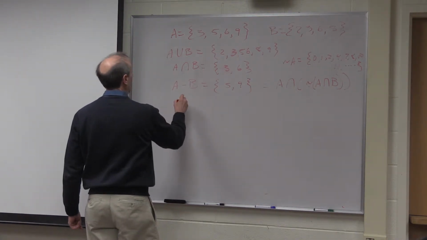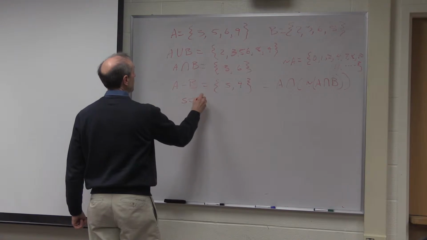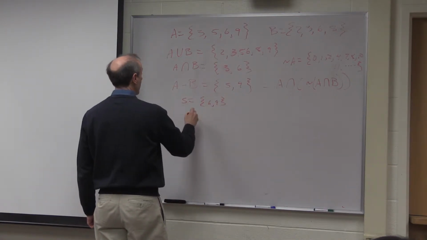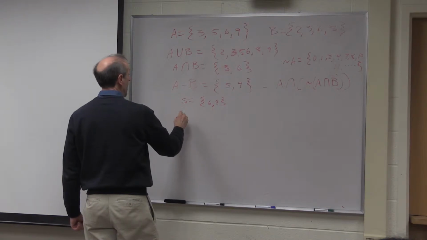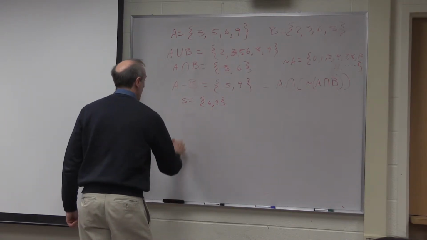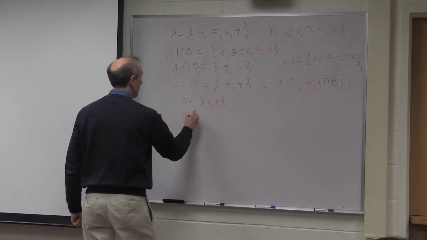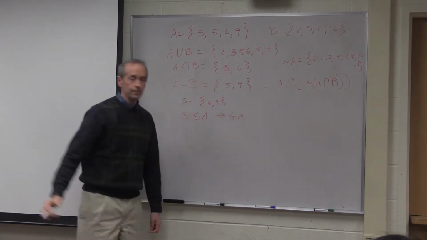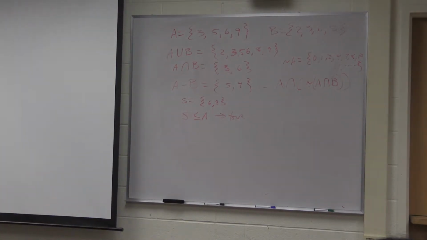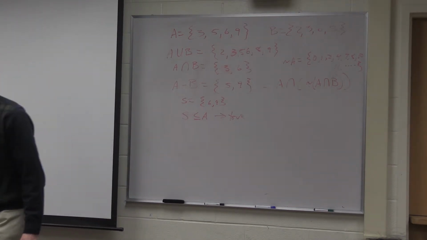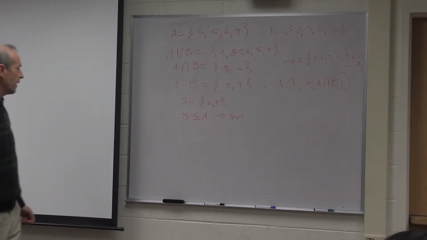So if S is 6 and 9, then S is a subset of A, and that should report true. I think I'm using the right notation. S is a subset.